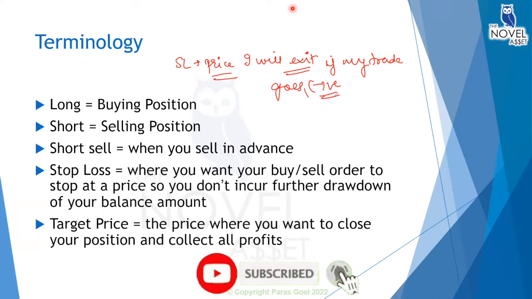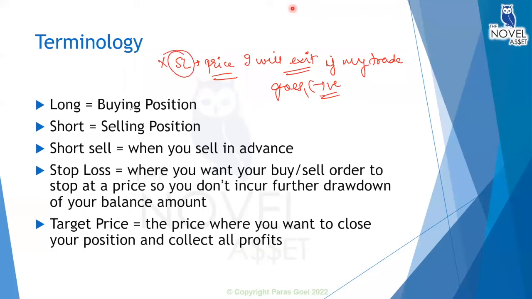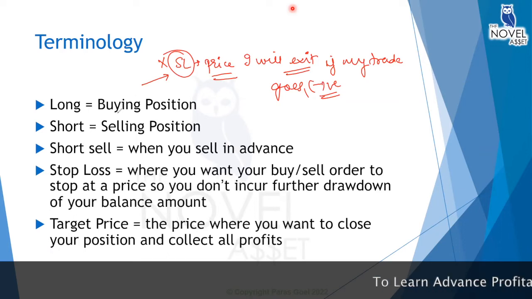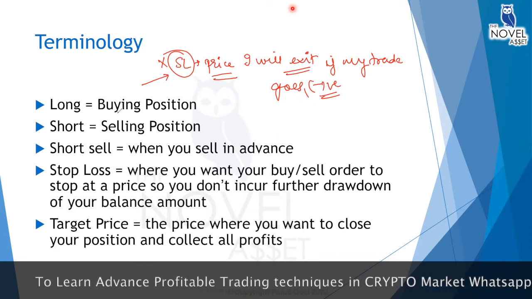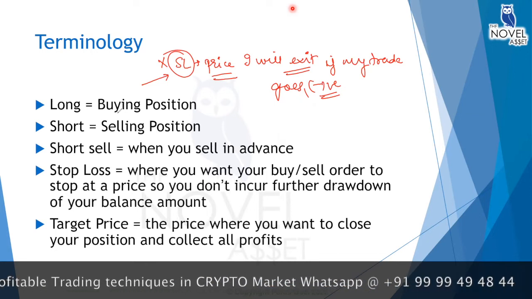SL is this. 90% of the traders who have lost a lot in the market lost because they do not put an SL on their trades. You might have heard familiar stories: your friend or your family friend or your uncle has lost a lot in the market, right? My paternal uncle lost around 20 lakh rupees, my maternal uncle lost around 50 lakh rupees.